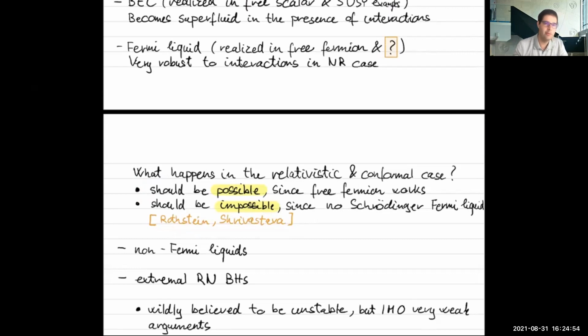So Fermi liquids with non-relativistic conformal symmetry, called the Schrödinger symmetry, are impossible because Fermi liquids cannot realize the Schrödinger algebra non-linearly. Okay, so the question here is whether you can construct interacting relativistic conformal Fermi liquids or not.